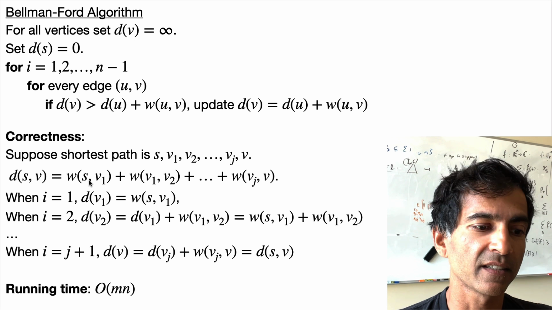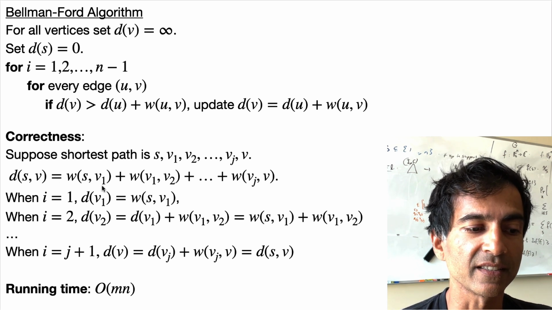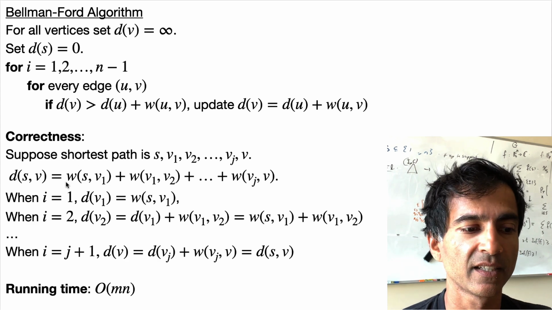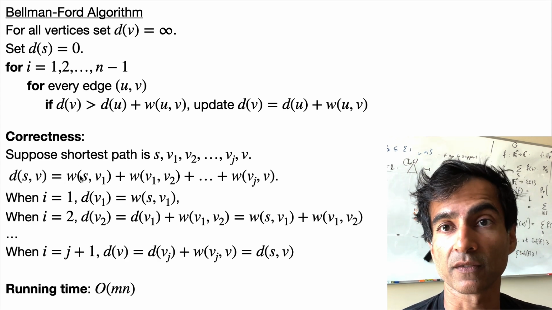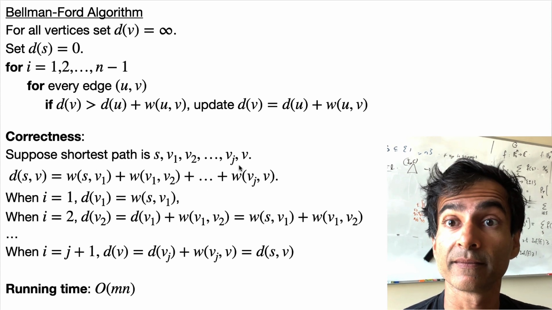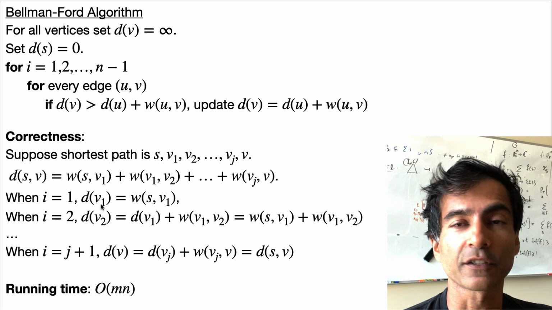That's because the distance from S to V1 must be equal to the length of this edge, right? This must be a shortest path to just V1. Otherwise, you'd obtain a shorter path to V. So dv1 is set correctly after i is equal to 1.